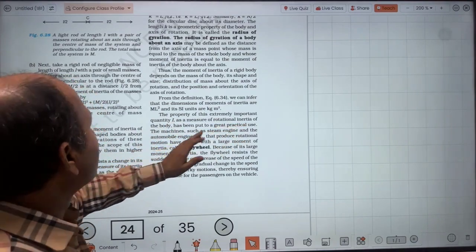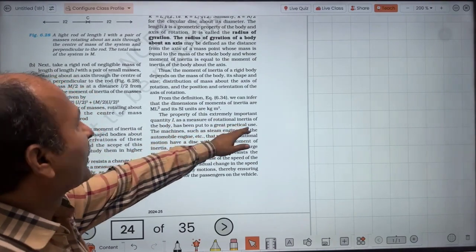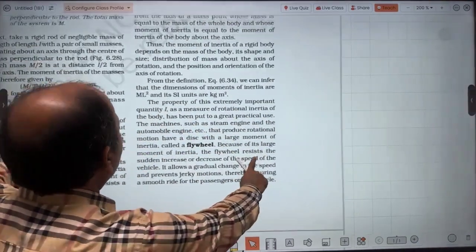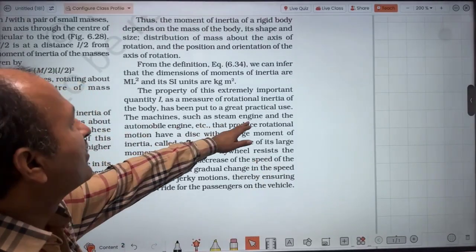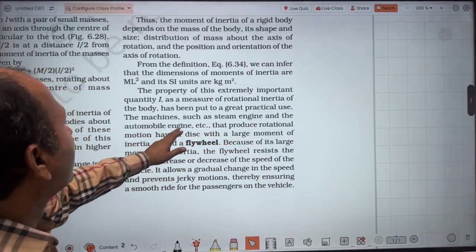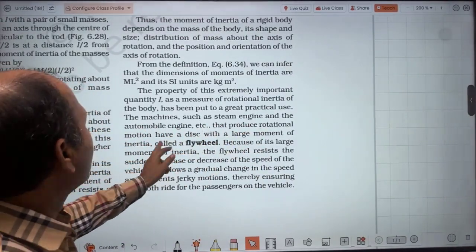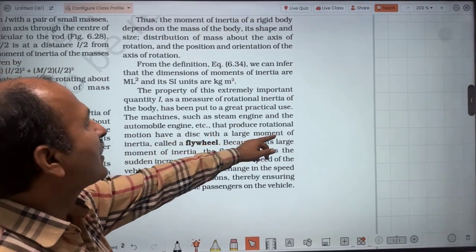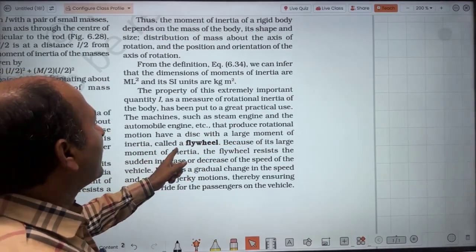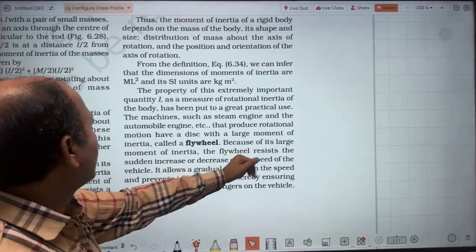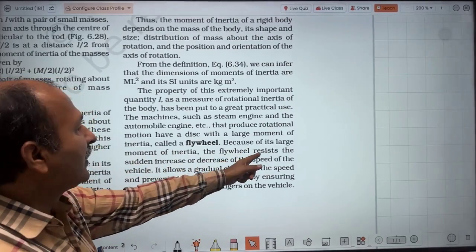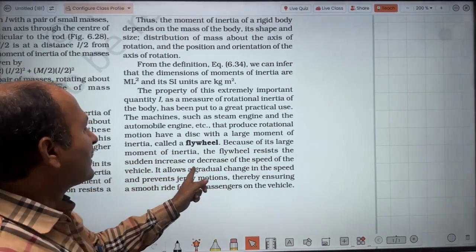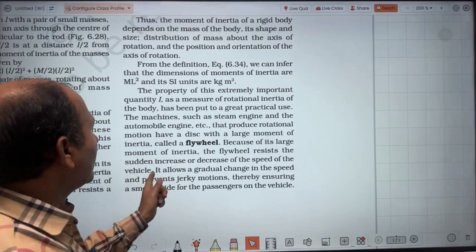quantity I, as a measure of the rotational inertia of the body, has been put to great practical uses. You should know, machines such as the steam engine and the automobile engine that produce rotational motion have a disc with a large moment of inertia called a flywheel. Because of its large moment of inertia, the flywheel resists the sudden increase or decrease of the speed of the vehicle.